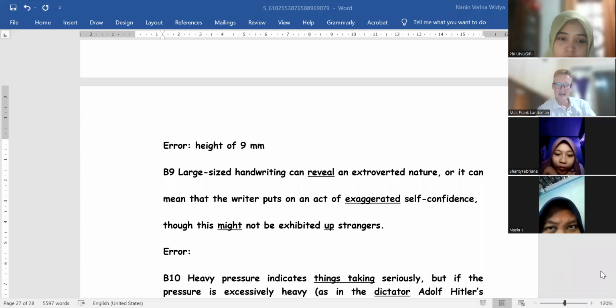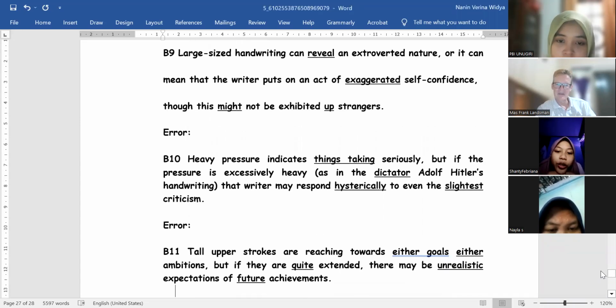Okay, B10. A bit down, please. Ke bawah sedikit, ya, scroll down. B10, heavy pressure indicates things taking seriously. But if the pressure is excessively heavy, sangat berat, ya, kayak mau masuk ke kertasnya, as in the dictator Adolf Hitler's handwriting, that writer may respond hysterically to even the slightest criticism.